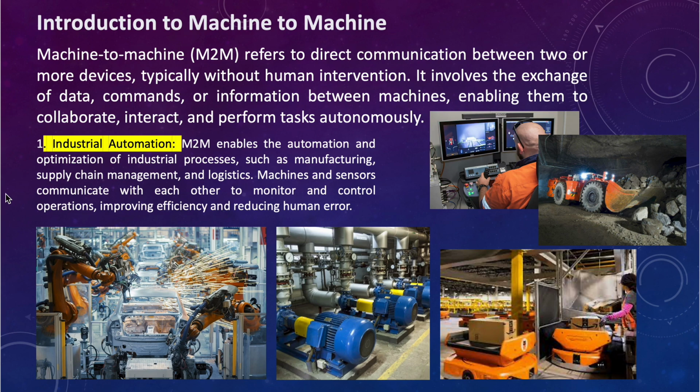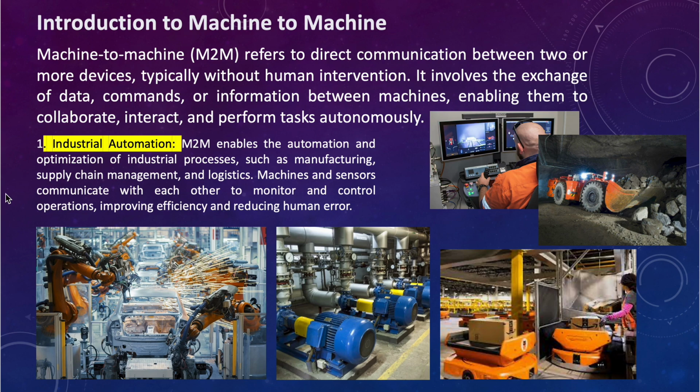So, introduction to machine to machine. Machine to machine, or M2M, refers to the direct communication between two or more devices, typically without human intervention. It involves the exchange of data, commands, and information between machines, enabling them to collaborate, interact, and perform tasks autonomously.